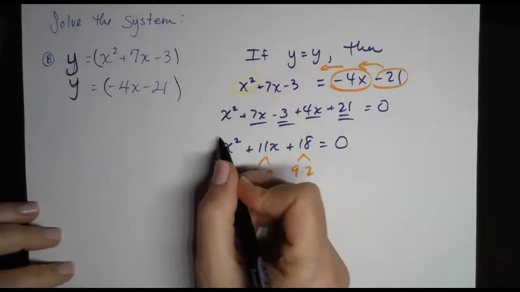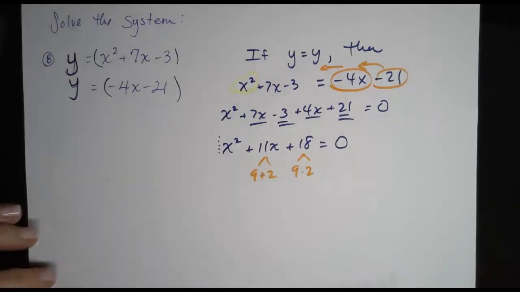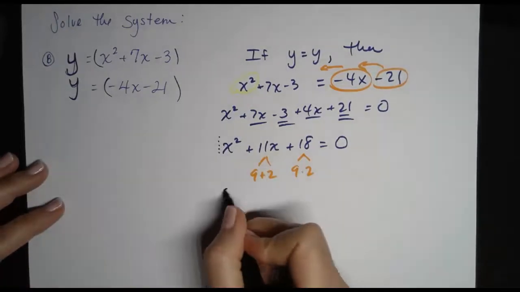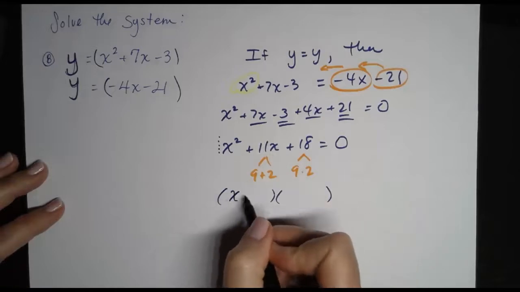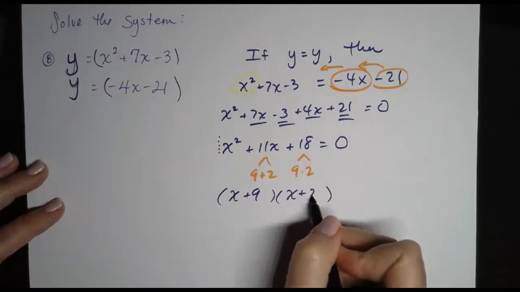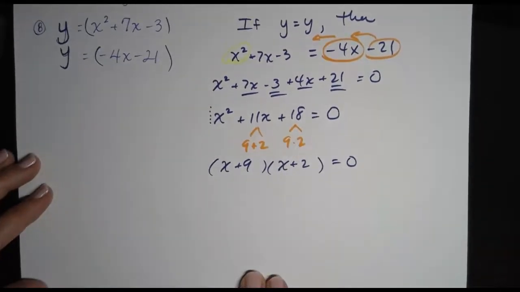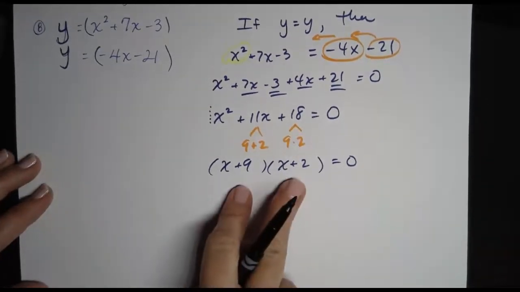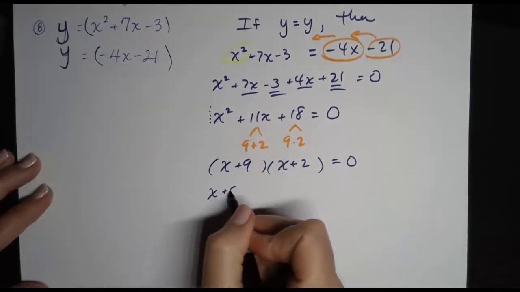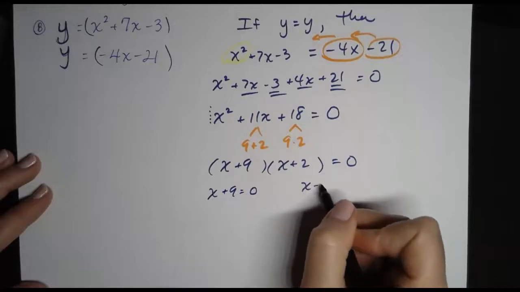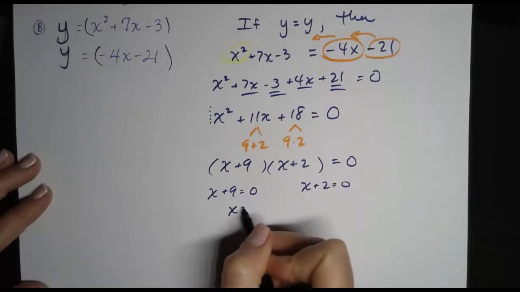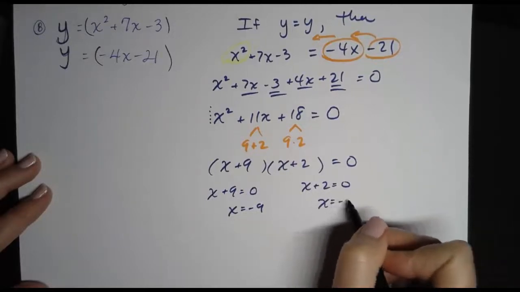And of course, I'm able to do this because there is a 1 up front. So we can easily factor this into x plus 9 and x plus 2 equals 0. And we remember that anytime we're solving a quadratic and we factor it, we then set each factor equal to 0. So x equals -9, x equals -2.